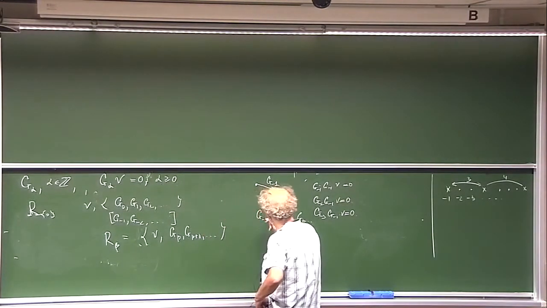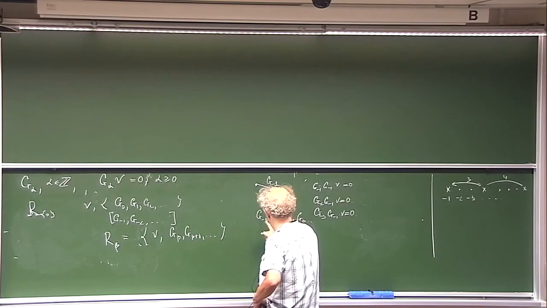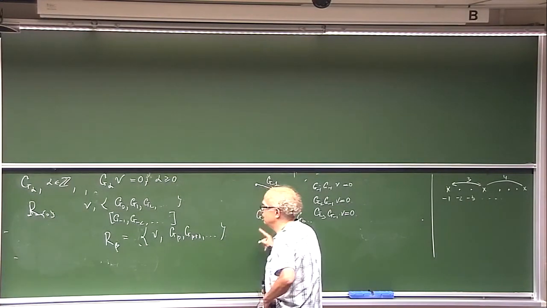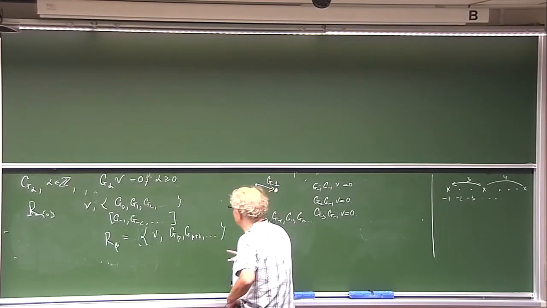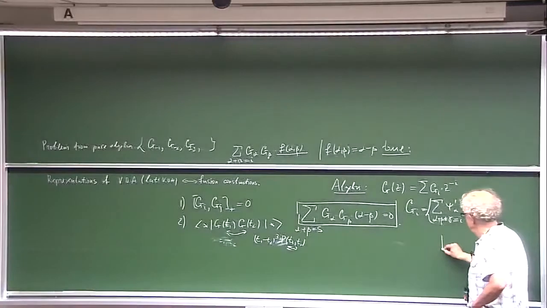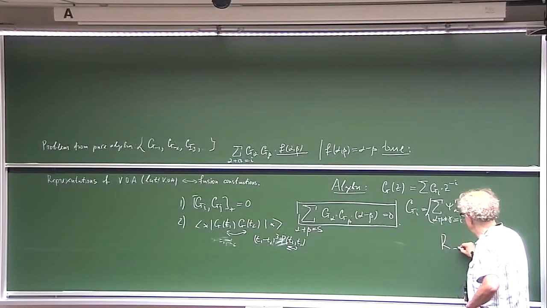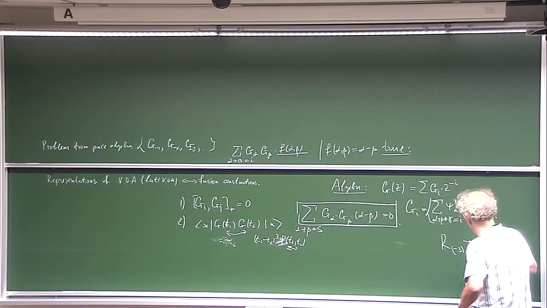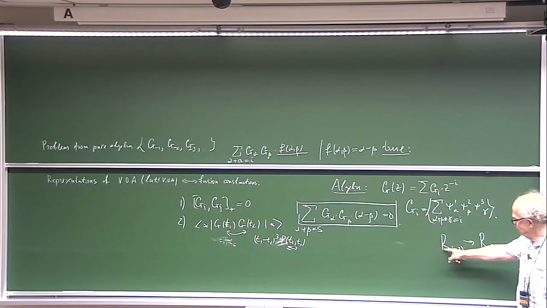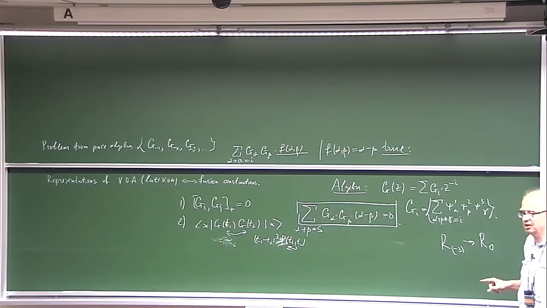And for example, this special vector is killed by G minus 3. Therefore, we have a map R minus 3 to R0, highest vector going to the highest vector.